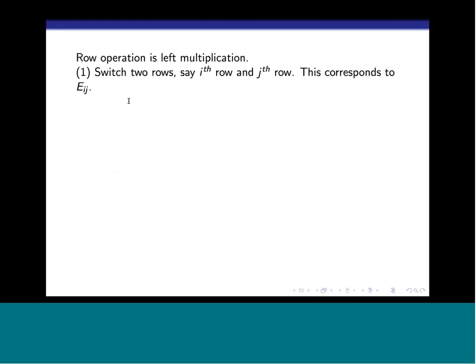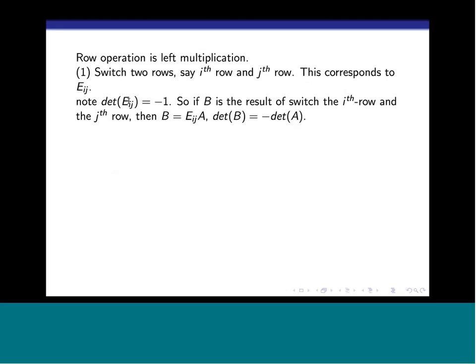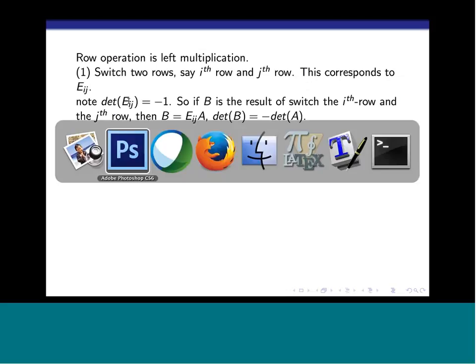The first kind of row operation is switching 2 rows. When you switch 2 rows, the determinant is -1. It's easy to see.